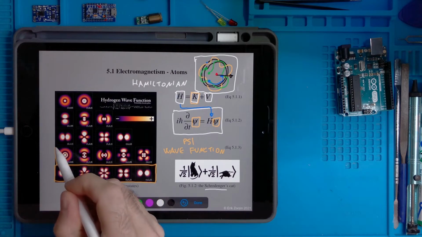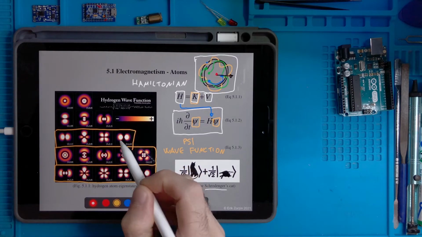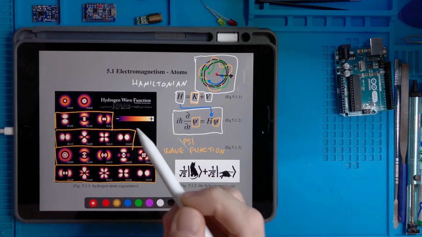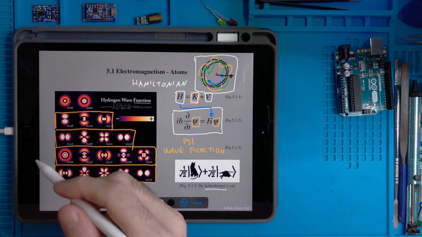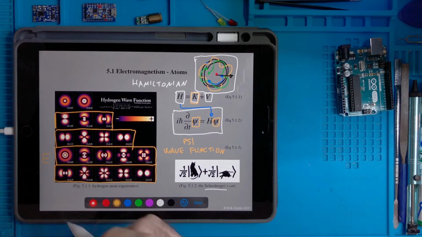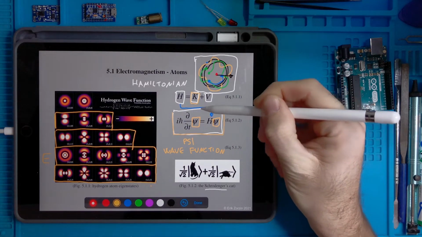So if I make those boxes, those boxes correspond to specific values of energy E. All the eigenfunctions in a yellow box have the same level of energy. This is the result of the study of the Schrödinger equation.